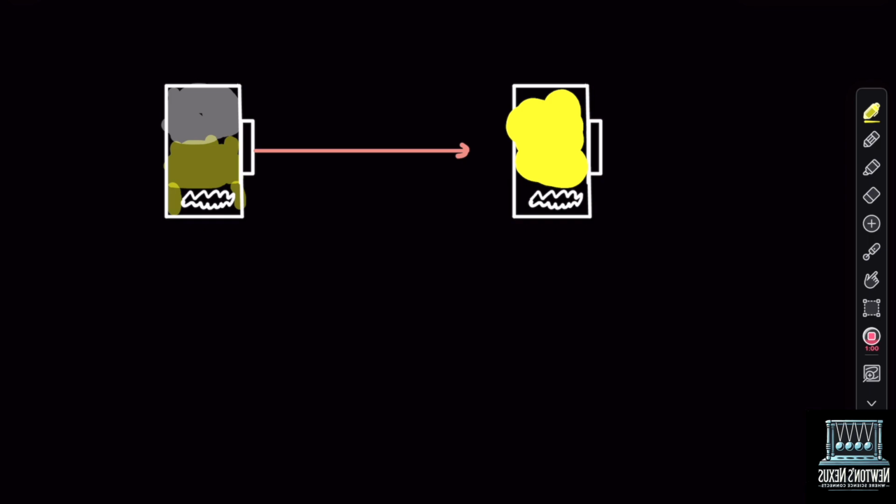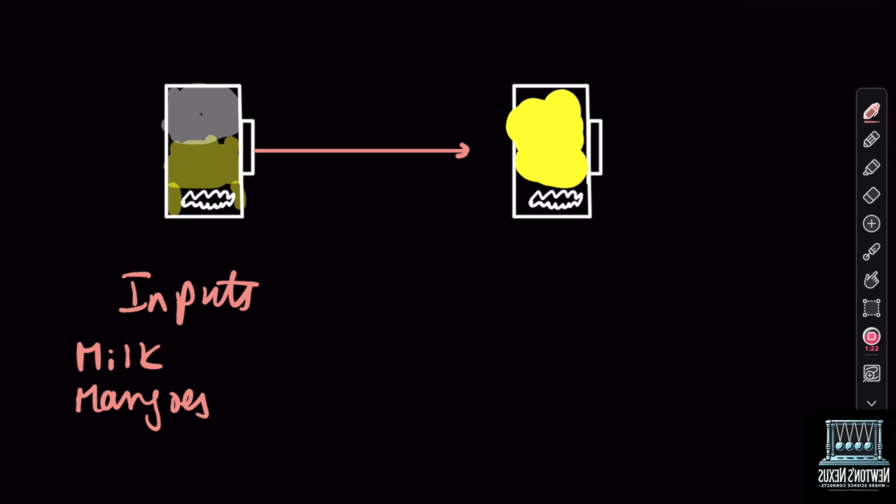So if I were to contemplate on my inputs and my outputs, well, what were my inputs? My inputs were simply milk and mangoes. And what is my output?